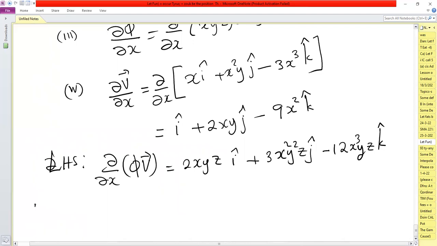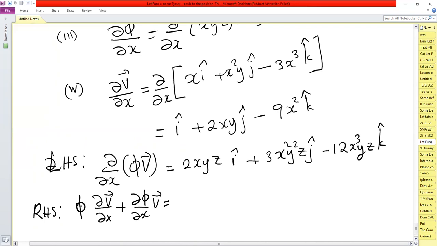Now the right hand side of that expression is given by phi partial v partial x plus partial phi partial x times v.